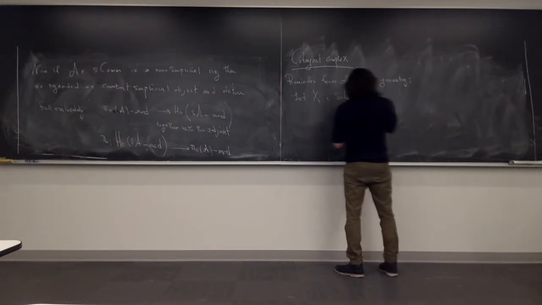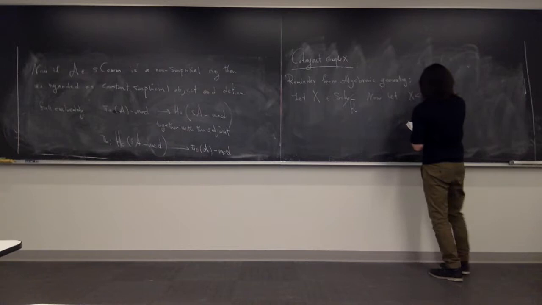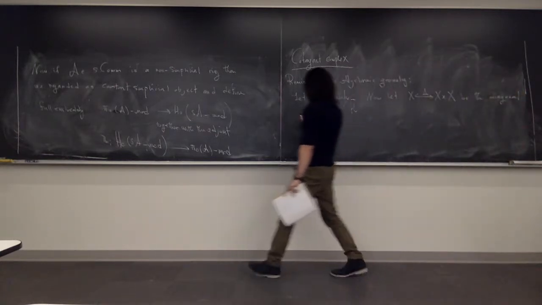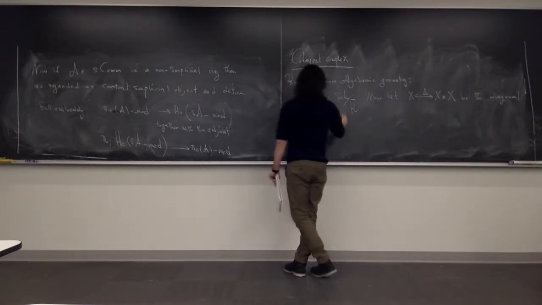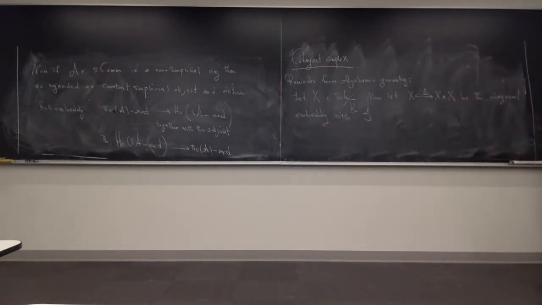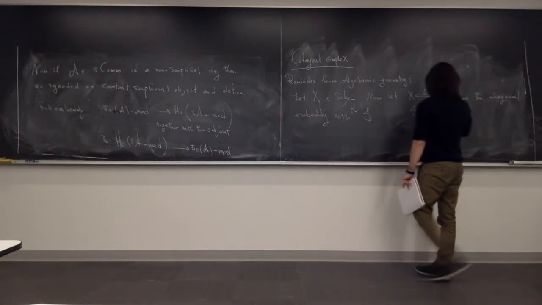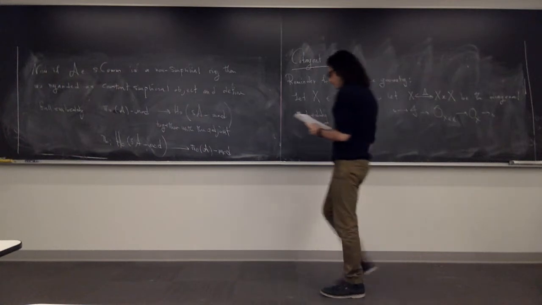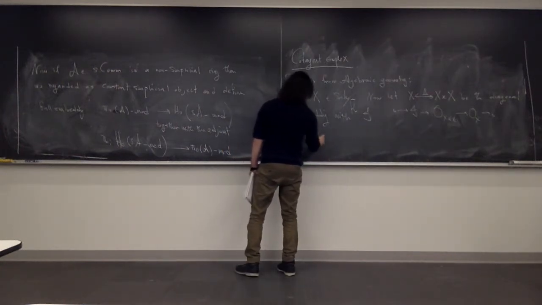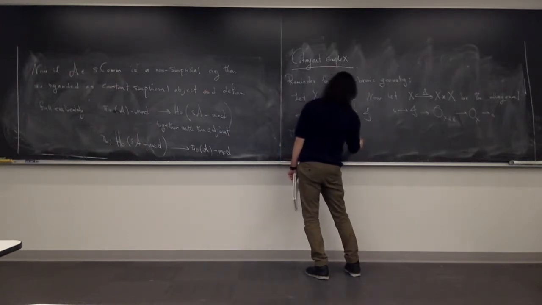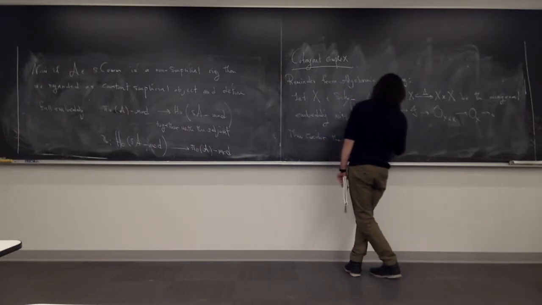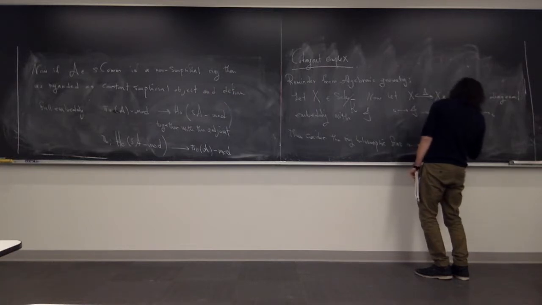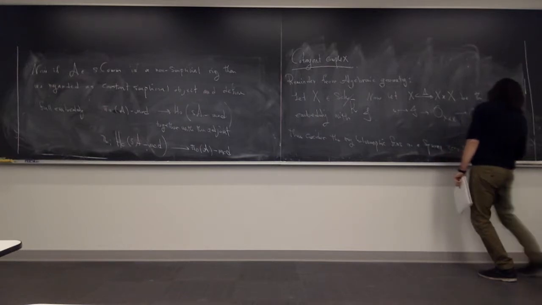Now consider the diagonal embedding of X in X cross X, with ideal I. Okay, so this is the one that sits in the short exact sequence of X sitting inside X cross X. All right, and then consider the ring of holomorphic functions on the square zero thickening of X in X cross X.